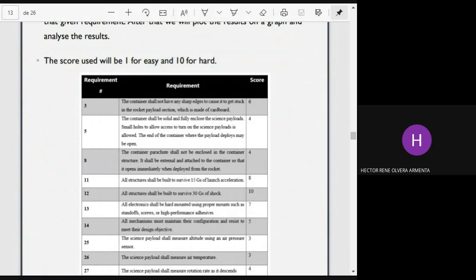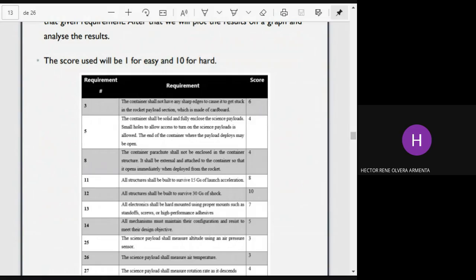At this point of our career, we cannot imagine how that kind of force, 30 G's, feels.